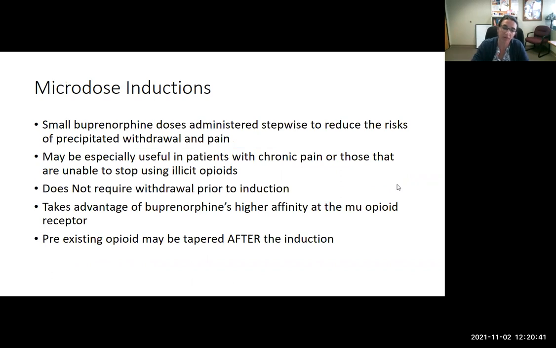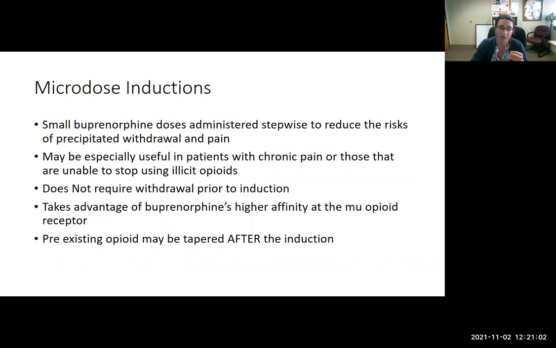So we'll talk a little bit about microdose inductions. And these are small buprenorphine doses that are administered in a stepwise manner to decrease that risk of precipitated withdrawal and pain. They might be especially useful for patients who have chronic pain or if they're unable to stop using other opioids.